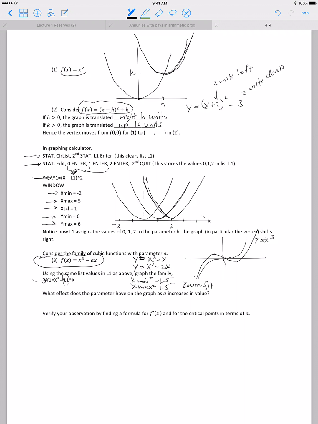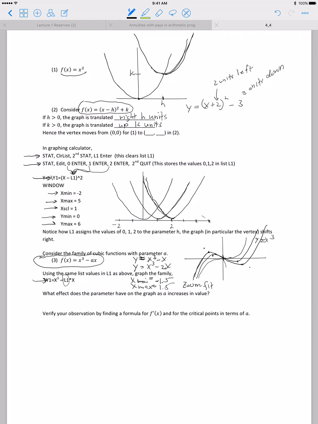When it graphs it, it's going to look like this. The max and the min will be more pronounced. As a matter of fact, each time the min and the max are moved a little bit. The mins are going to move to the right and the maxes are going to move to the left as the parameter value a increases.